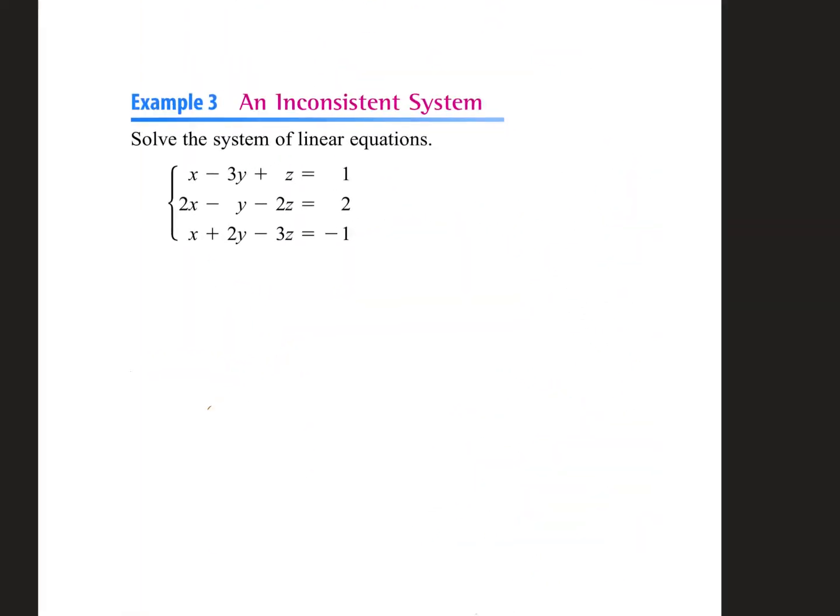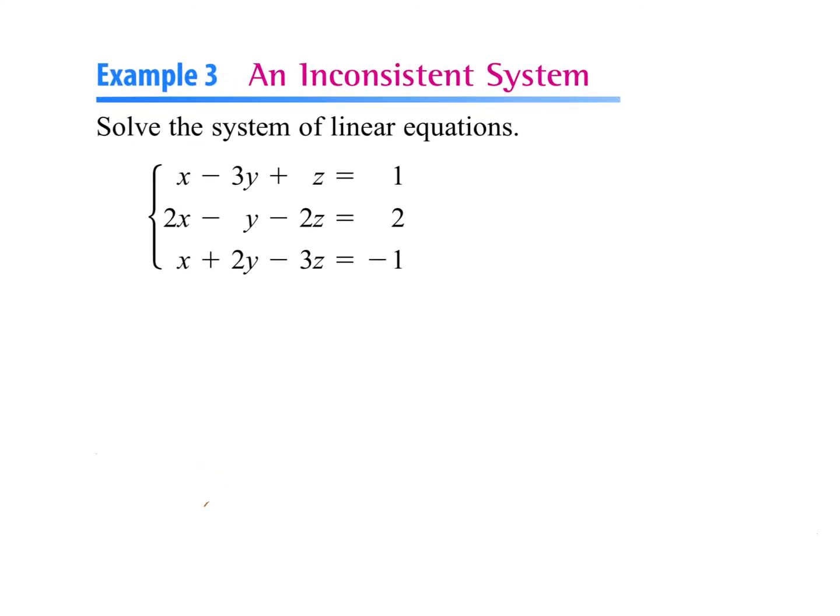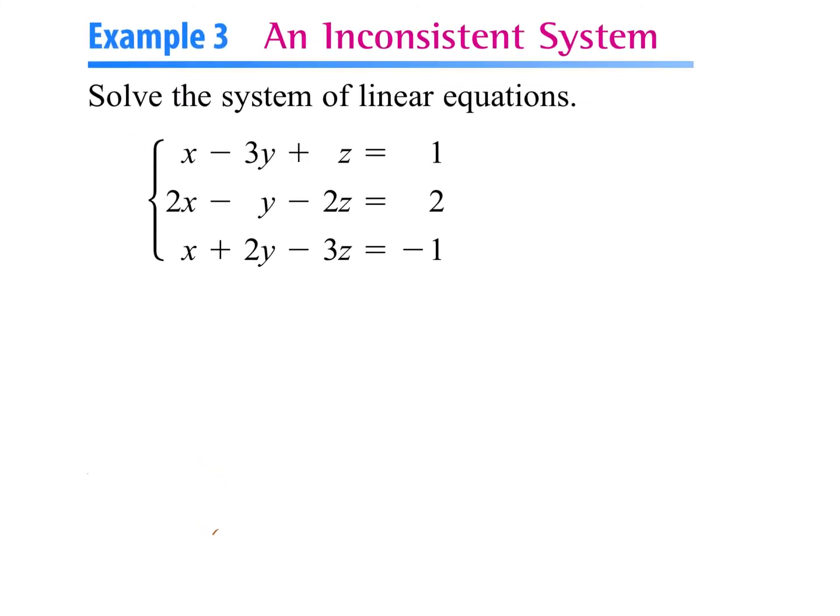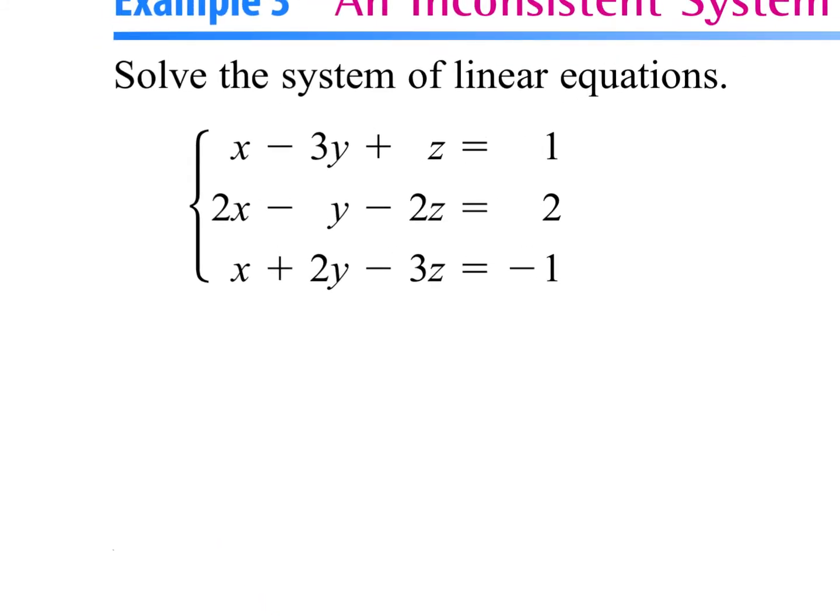For your last example, we're given x minus 3y plus z is equal to 1, 2x minus y minus 2z is equal to 2, and x plus 2y minus 3z is equal to negative 1. I'm going to just start by using the first two equations. So x minus 3y plus z is equal to 1, and 2x minus y minus 2z is equal to 2.